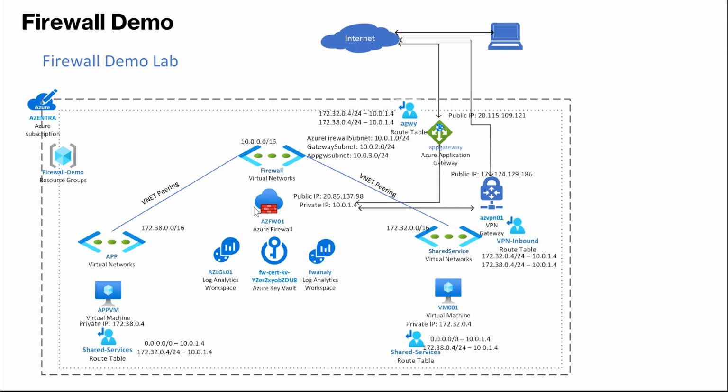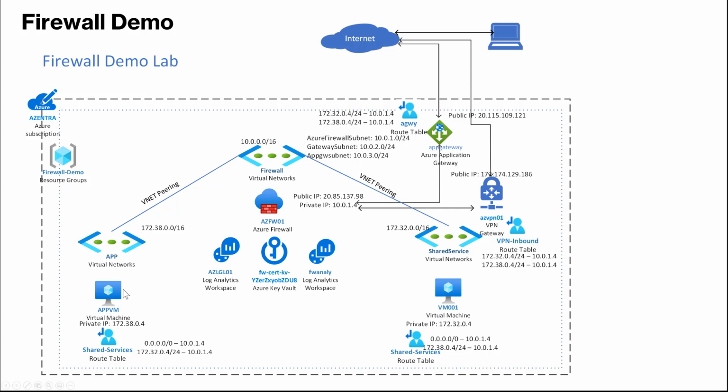Now, we covered the VNets, we covered the subnets, we covered the peering. Now let's talk about the route table, because that is extremely important.